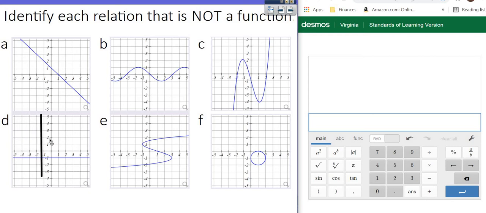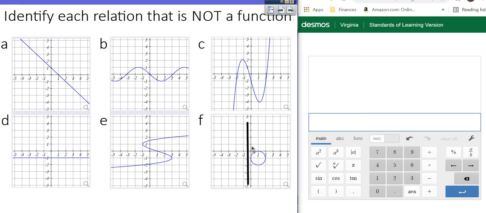D, I'm going to pull my line. Everywhere I go, it only touches the graph at one spot. So that means that D is a function. Now let's try E. As we move our vertical line, when we get to here, it touches the graph 3 times. 1, 2, 3. So E is not a function.